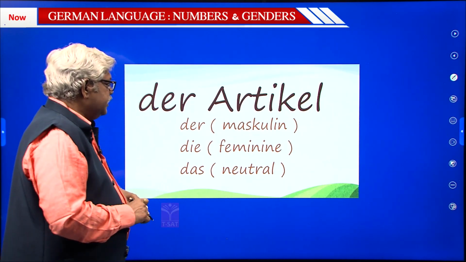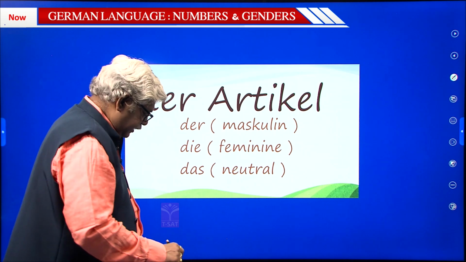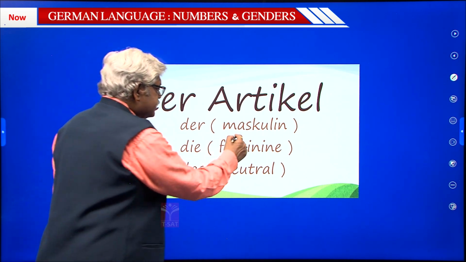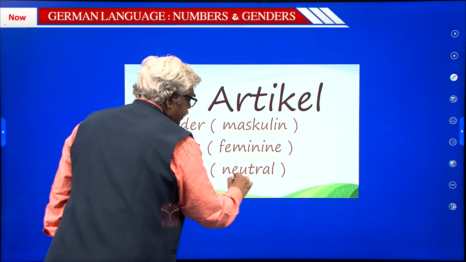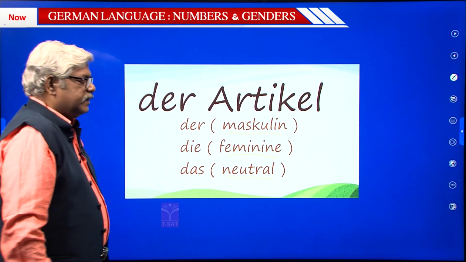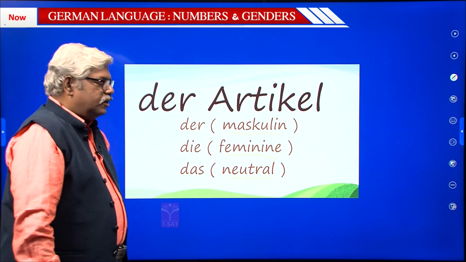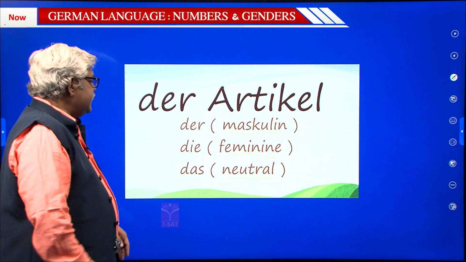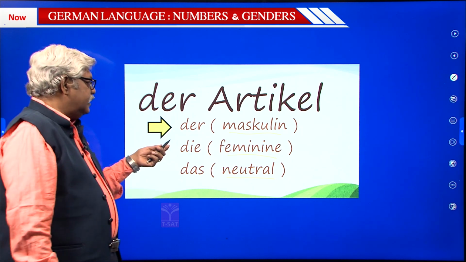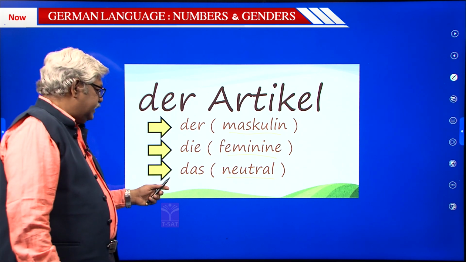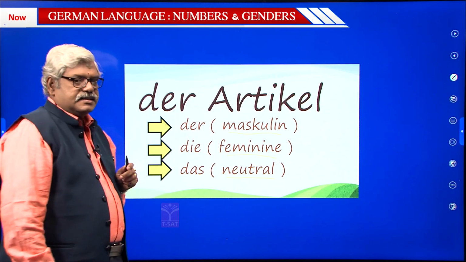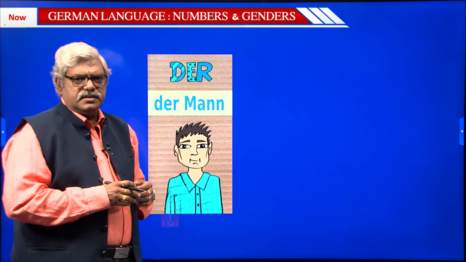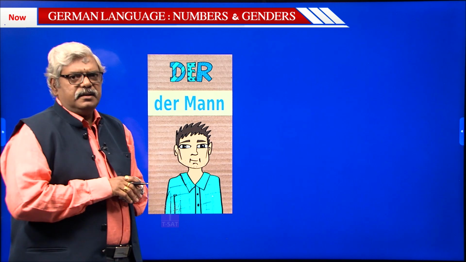When you think of genders, you find 3 genders, that is masculine, feminine and neutral, which are said as der, die and das.